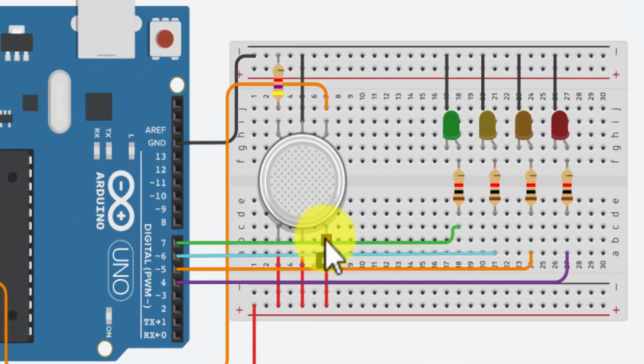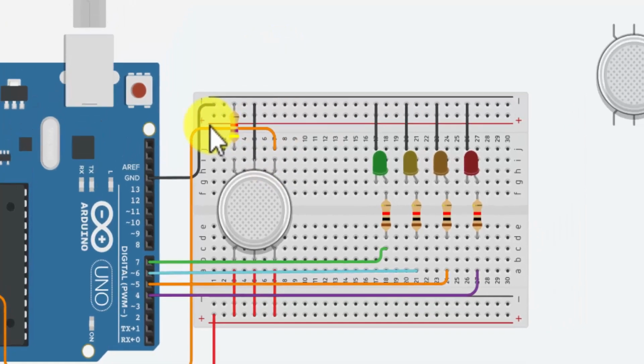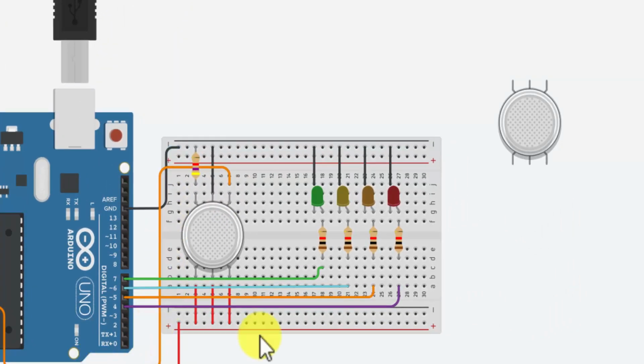Pin number B1, B2 and H2 are connected to VCC. Pin number H1 is connected to ground. Pin number A1 is connected through resistance to ground, and pin number A2 is the output pin.